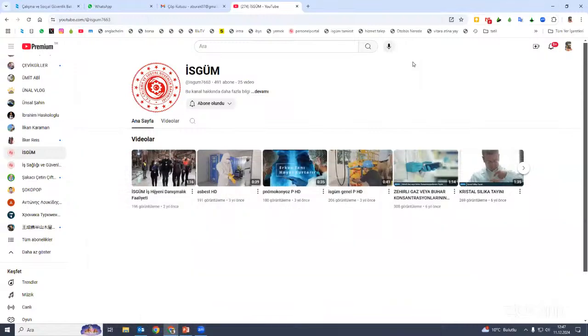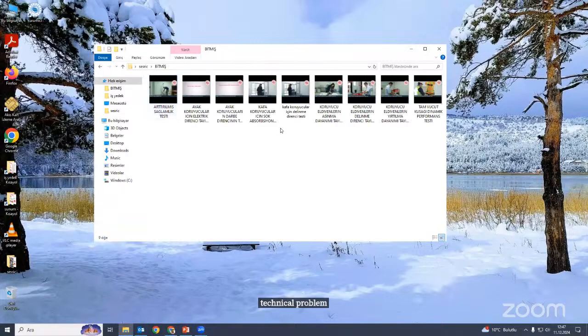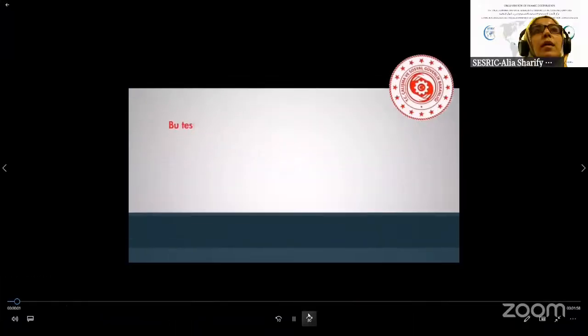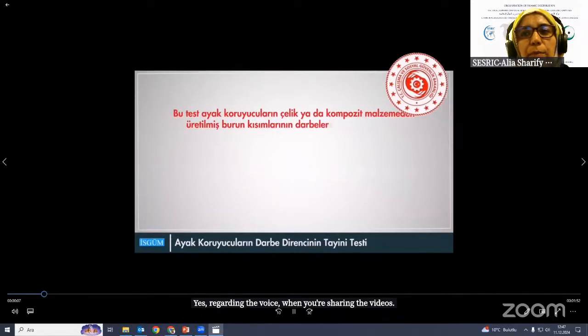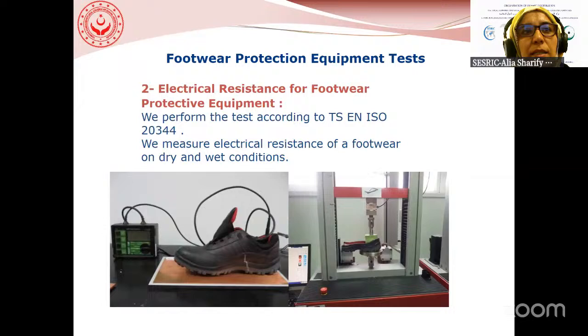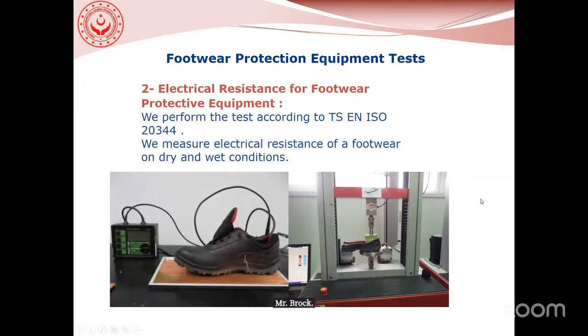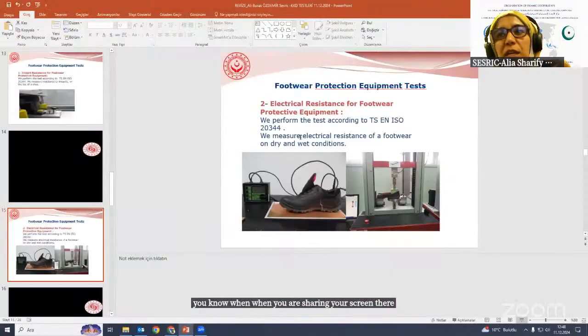Let me do. Technical problem about the voices. Yes, regarding the voice, when you're sharing the videos, there might be two options. Mr. Brock? Yes. While you Yeah, share, you know, there might be two options. You will be selecting the two options. You know, when you are sharing your screen, there you can see two options.